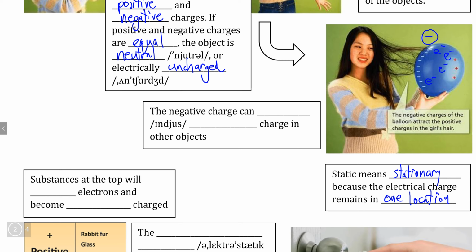Well, we know that all substances contain positive and negative charge, meaning that there are electrons within the girl's hair. Now, we know because of the laws of attraction and repulsion, opposites attract and like charges repel.